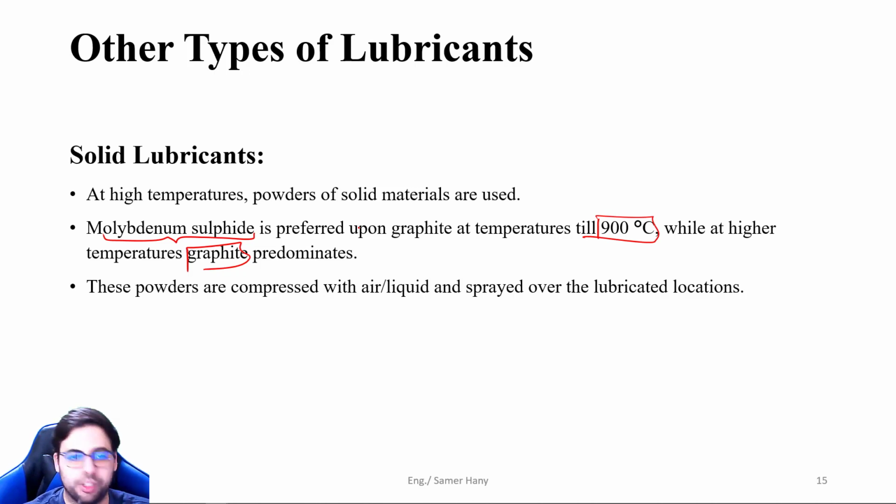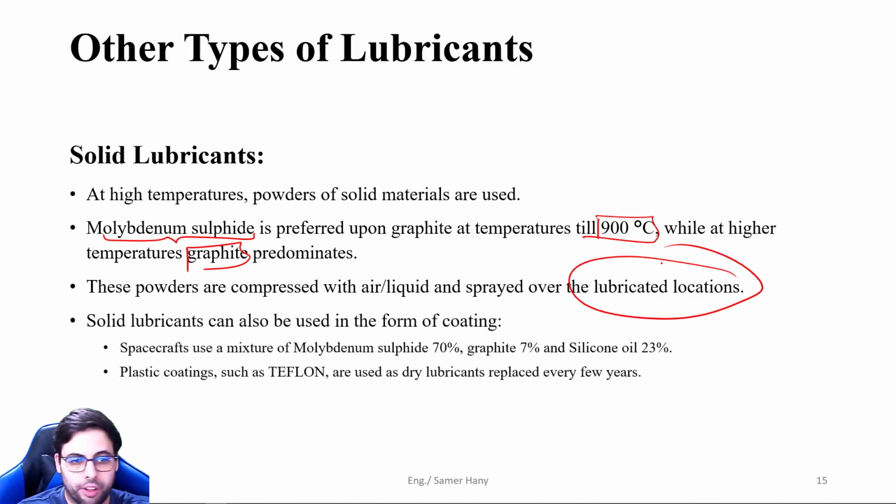Just like we spray paint with compressed air and a paint container, we can have something like this concept: compressed air that suctions or entrains fine solid particles, carries them, and goes to the lubrication locations that we need to lubricate.